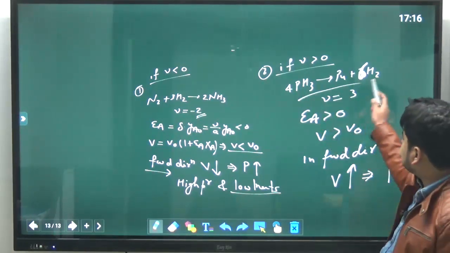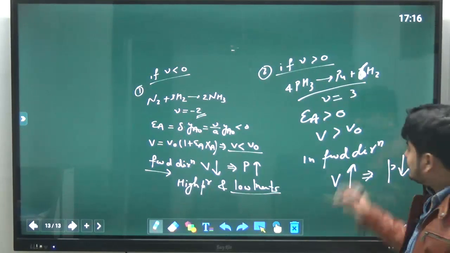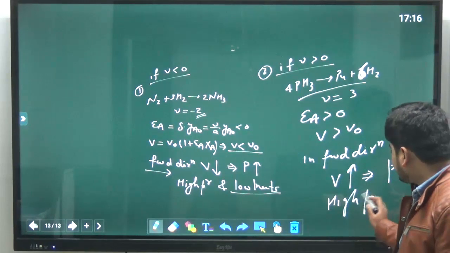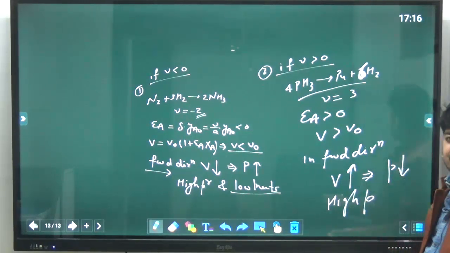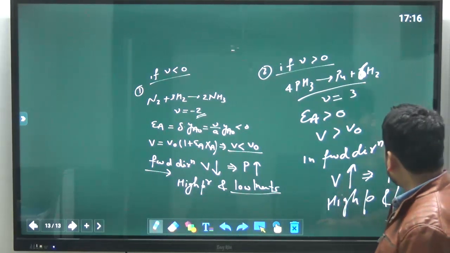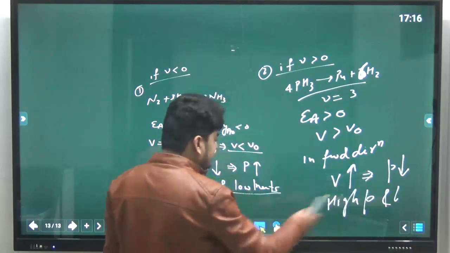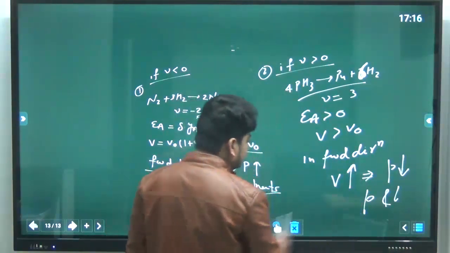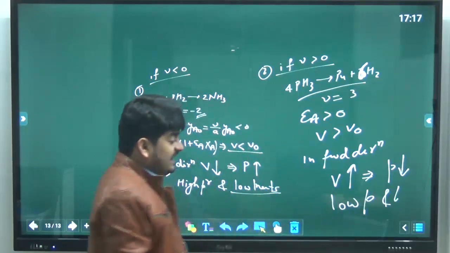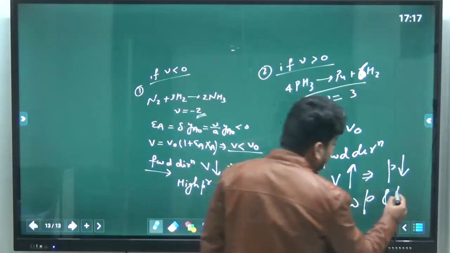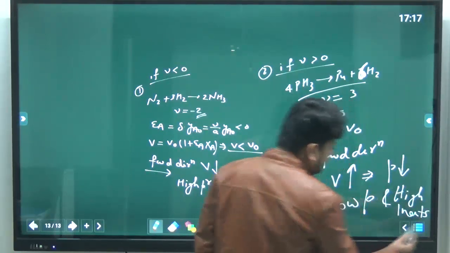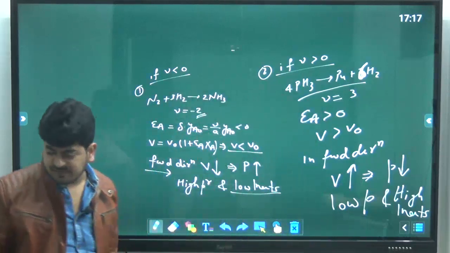So if we have a reaction like that, pressure is decreasing in the forward direction, so we have to keep low pressure for high equilibrium conversion. And as we have to keep low pressure, we have to keep high inerts, meaning I have to add inerts to the feed.